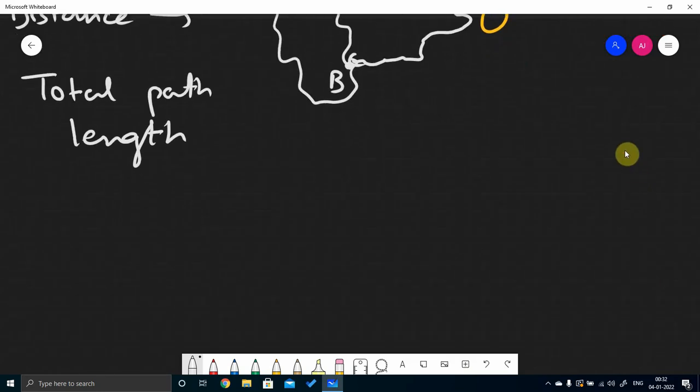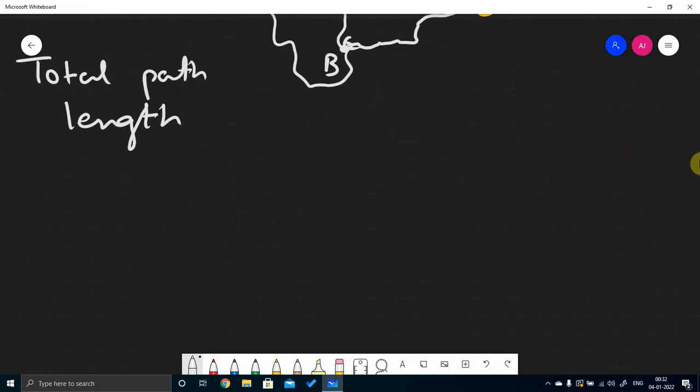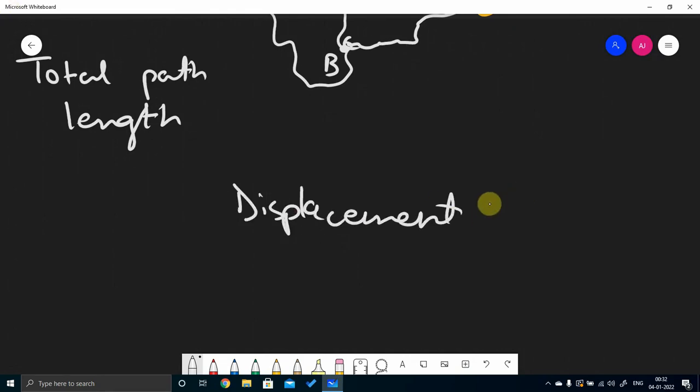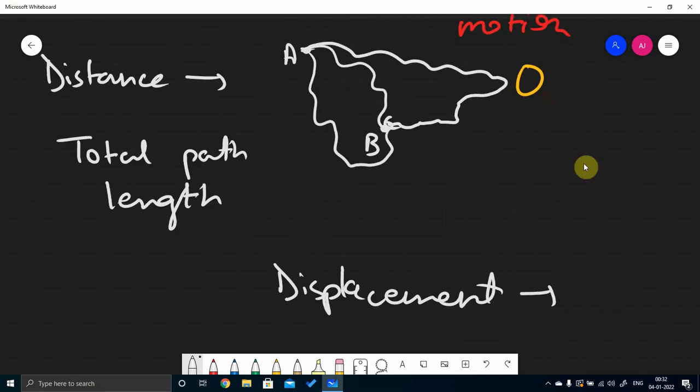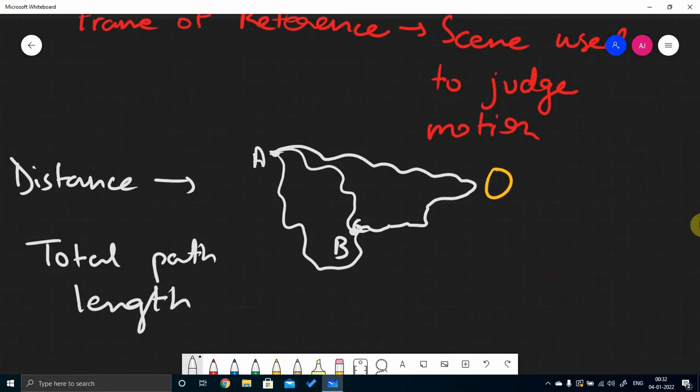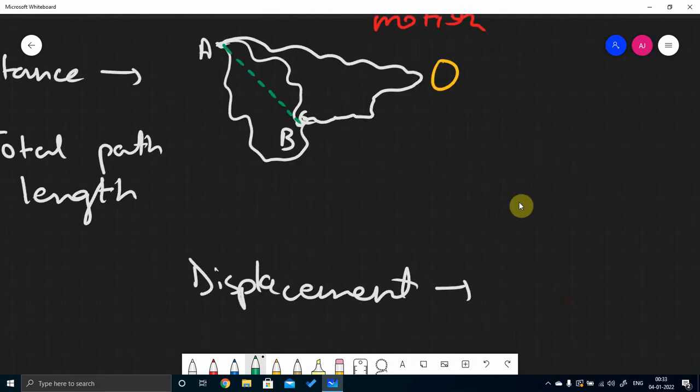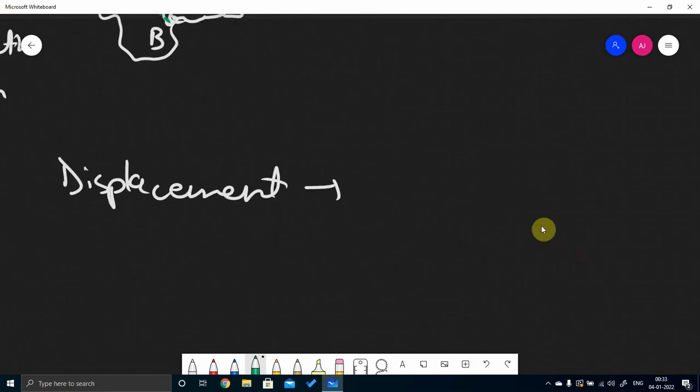Then we talk about the next term, which is displacement. Distance can be of infinite varieties, right? You can have infinite ways to go from one point to another. But when we talk about displacement, there's only one displacement. Displacement is basically the shortest path length between any 2 points. And the shortest path between any 2 points is basically the straight line joining the 2 points.